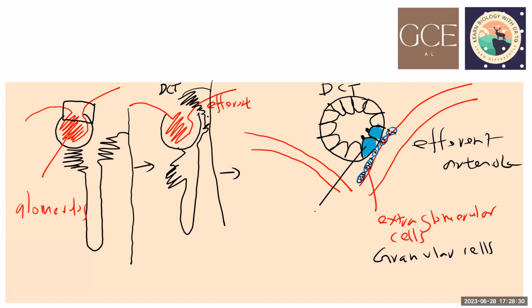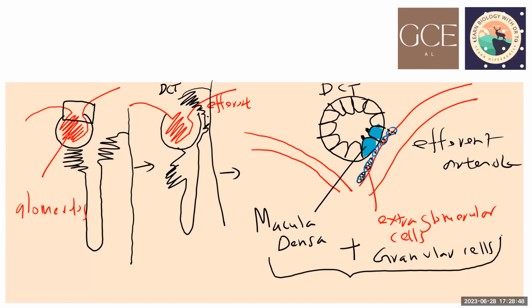These cells are called macula densa. Now the macula densa and the granular cells together are termed the juxtaglomerular apparatus.